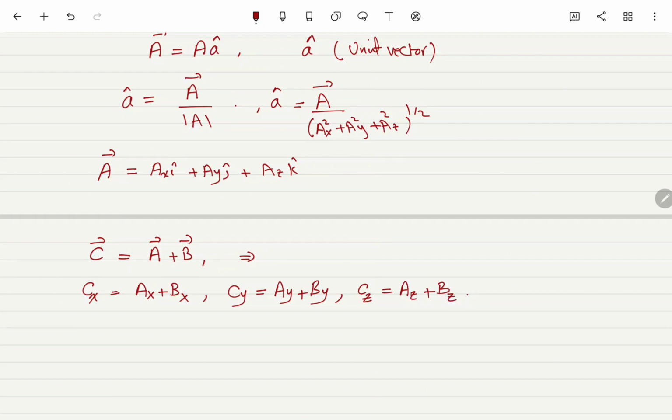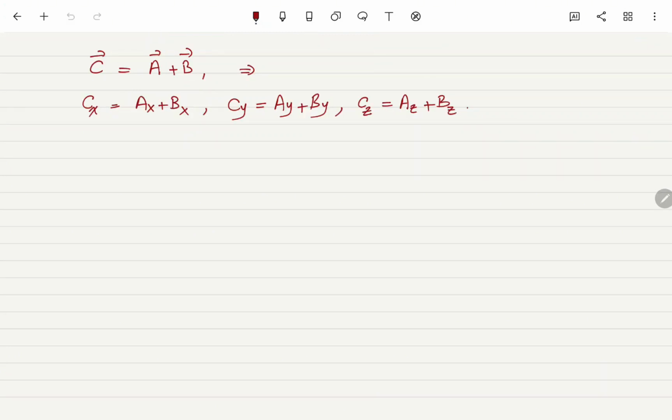Remember, we cannot add i with j. We cannot add ax with by, and so on. We just add i with i, j with j, k with k.